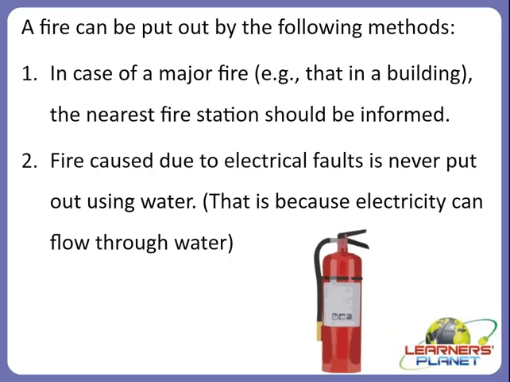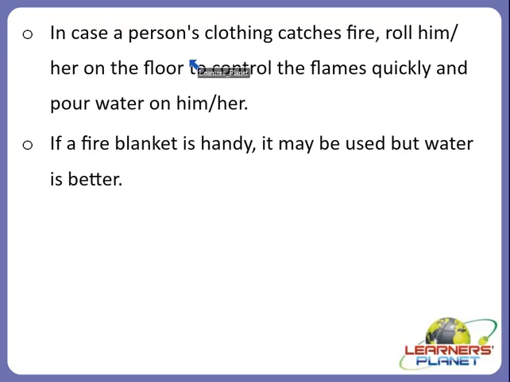And there are some more methods which we should keep in mind while handling fire, right? If a person's clothing catches fire, then roll him or her on the floor to control the flames quickly and pour water on him or her, right? So a fire caused due to electrical faults is never put out using water, but we have to use a fire extinguisher.